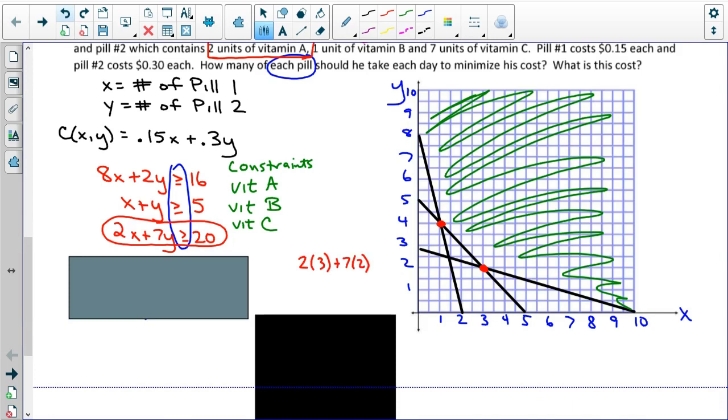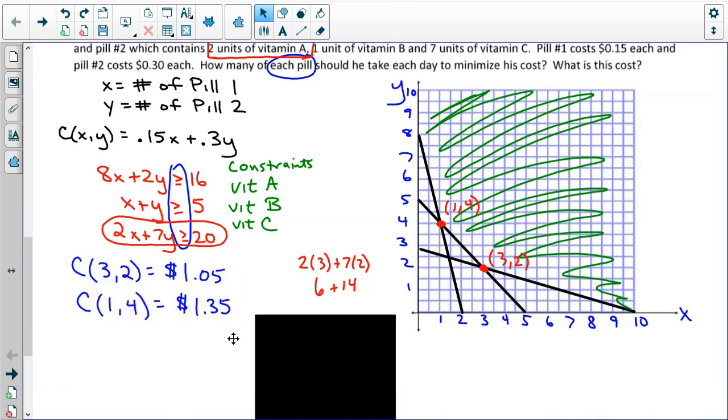That's 6 plus 14, so that is 20. So that means I do have the points 3, 2 and the 0, 14 that I'm looking at. If I check those 2 points, I can figure out which one will actually minimize our cost. And it appears that it is 3, 2.